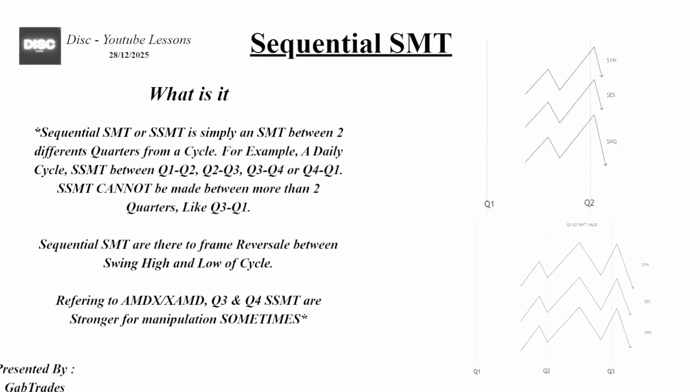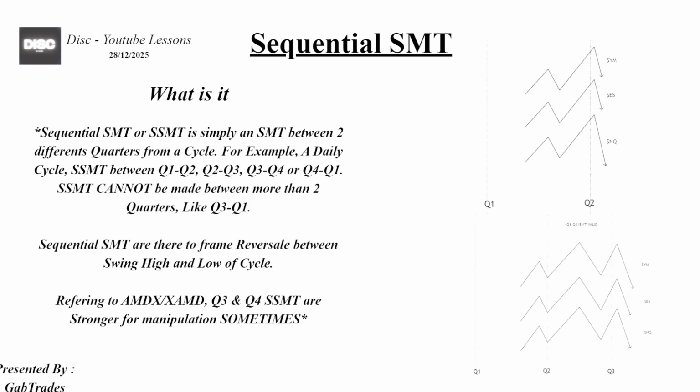So, referring to the AMDX and XAMD lessons, Q3 and Q4 SSMT will always, not always, but many times, be stronger for manipulation or distribution. I don't recommend giving too much attention to that. If you have an SMT between Q1 and Q2, if you have your entry, take it.